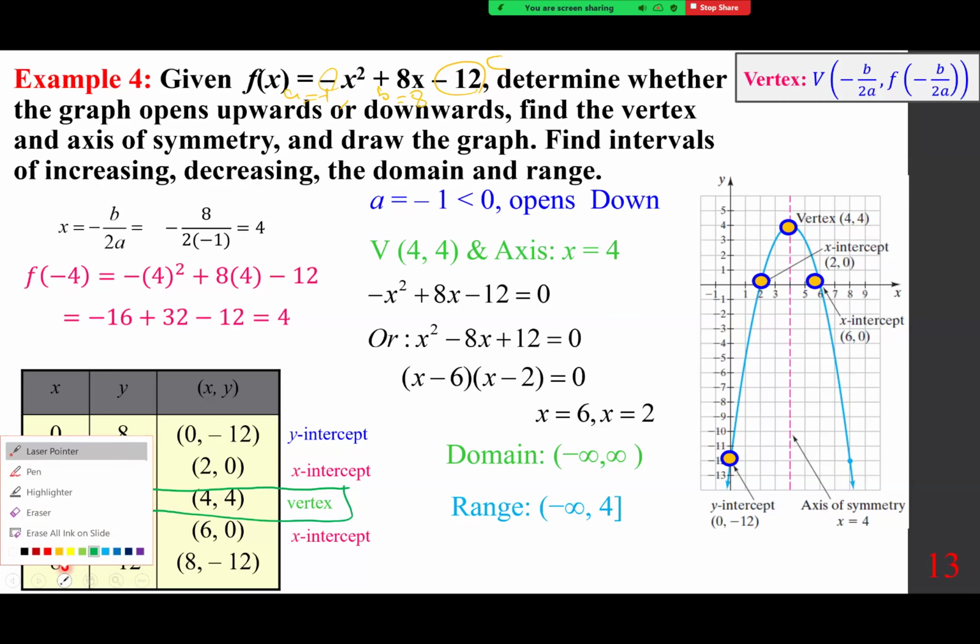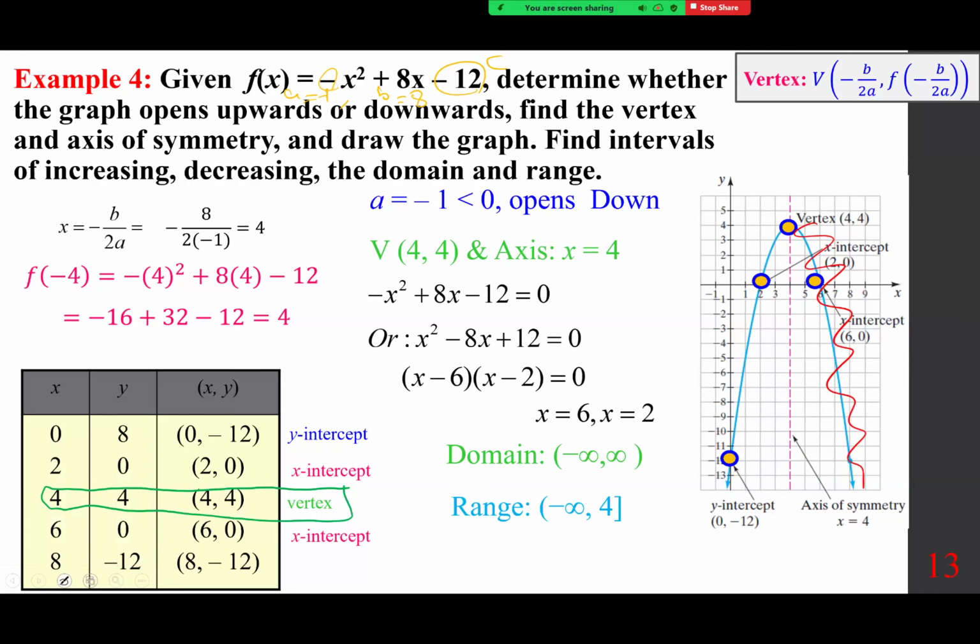Let me put it in red. So it's decreasing from 4 to infinity, and the rest of it is increasing from negative infinity to 4. So we know where the function is increasing, where the function is decreasing, and so on.